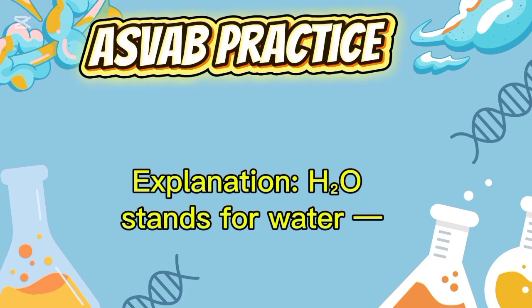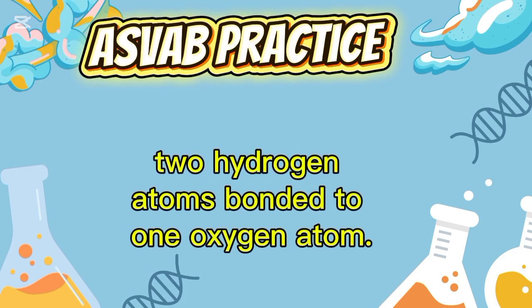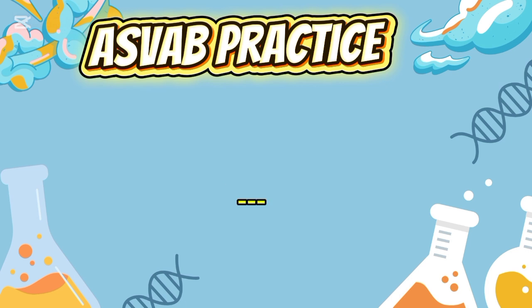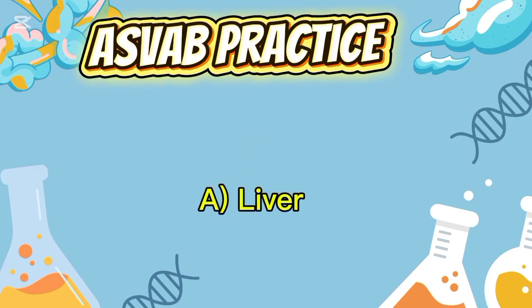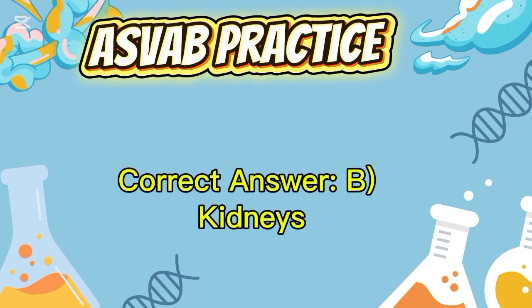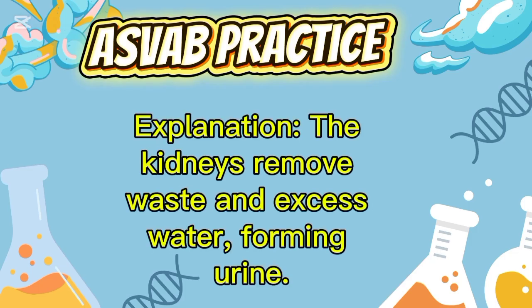H2O stands for water. 2 hydrogen atoms bonded to 1 oxygen atom. 4. What organ in the human body filters waste from the blood? A. Liver. B. Kidneys. C. Lungs. D. Heart. Correct answer, B. Kidneys. Explanation. The kidneys remove waste and excess water, forming urine.